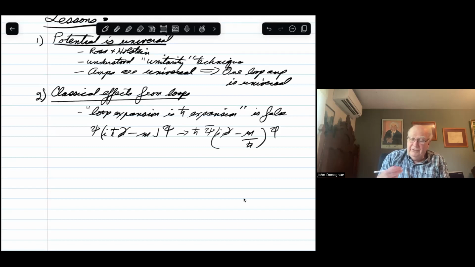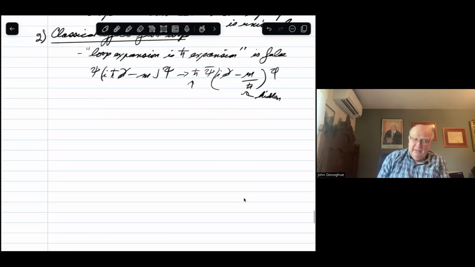And then when you use the Lagrangian in loops again, you're counting these powers of H bar. And that's how you end up proving the folk theorem. But there's a hidden factor, this M over H bar, which can sometimes compensate for it. And we saw that actually happening.